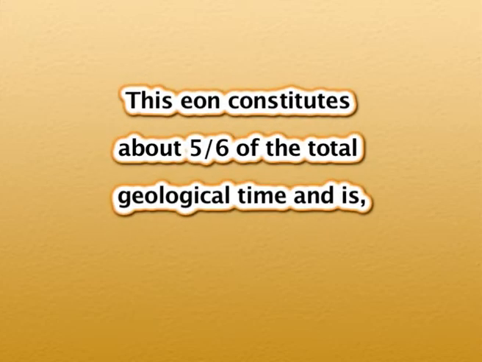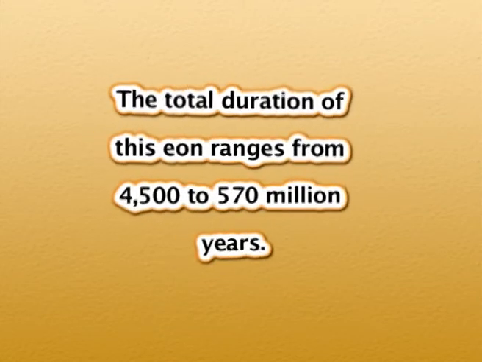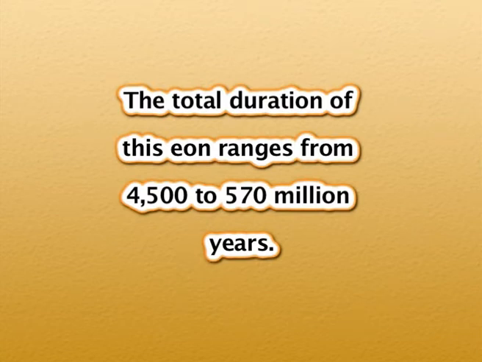This eon constitutes about 5/6 of the total geological time and is characterized by the appearance of life in the simplest form. The total duration of this eon ranges from 500 to 570 million years.